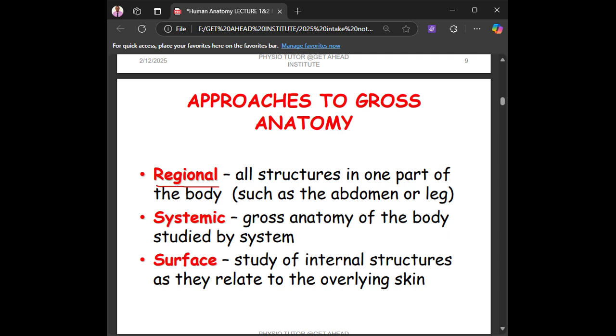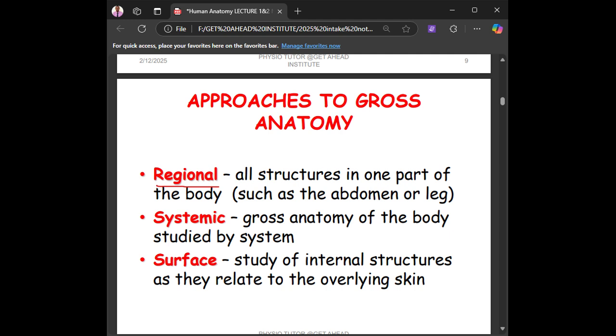For example, when you do the abdomen, you consider everything that is found in the abdomen. You can also study the head and neck, where you do everything that has to do with the head and neck, the nerves, the blood supply, and everything.